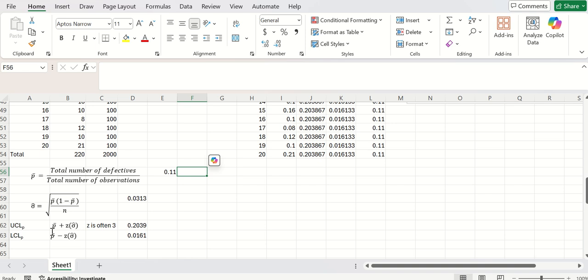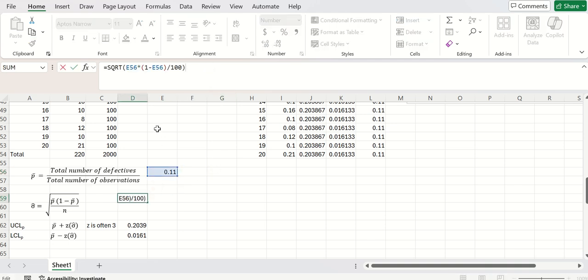All right, now the next one is the estimated standard deviation. Estimated standard deviation is done a little bit differently than what we've done in the past. It is the proportion of defects multiplied by the proportion that were not defective, divided by n, and we take the square root of that. So let's come in here.